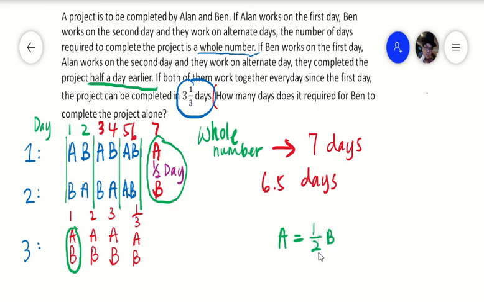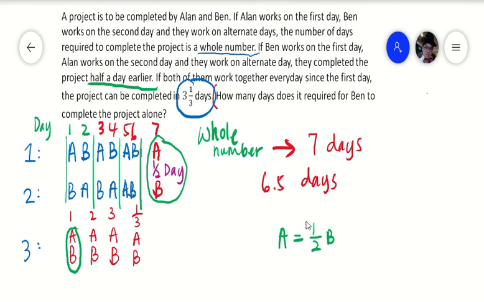So half of B is equal to 1A. Remember, A is the efficiency of Alan, and B is the efficiency of Ben. So half of B is equal to A.